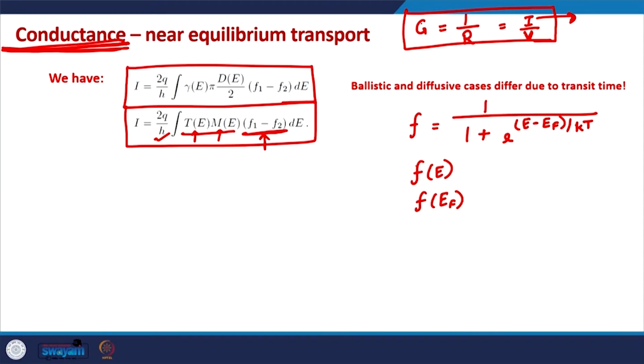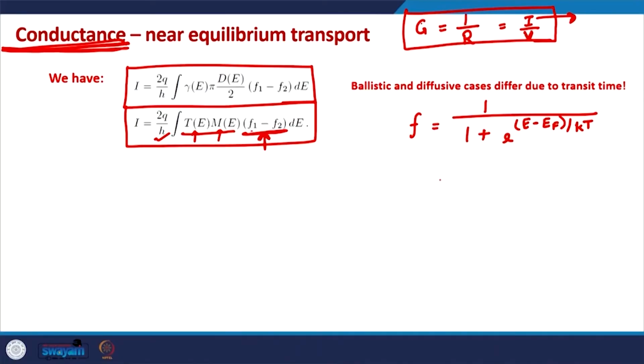The Fermi function changes with energy, the Fermi function also changes if the Fermi level changes. And in order to find out this difference, we need to know what would be the Fermi function at the source contact F1, and what is the Fermi function on the drain contact, and then we need to find out the difference of the two.